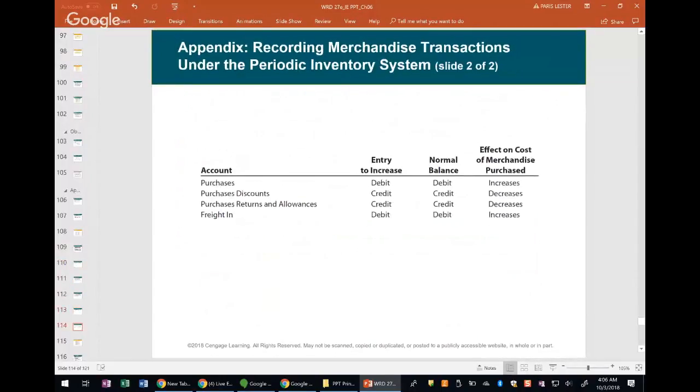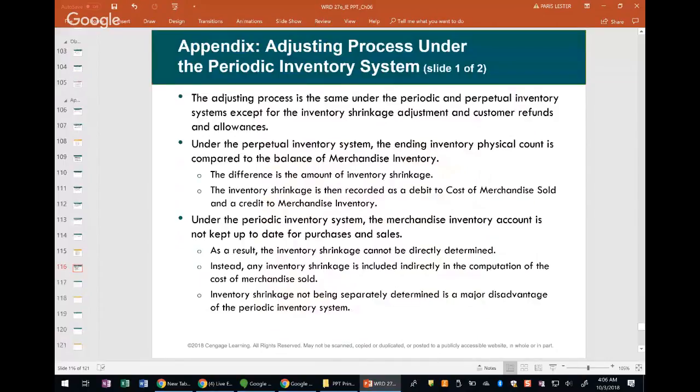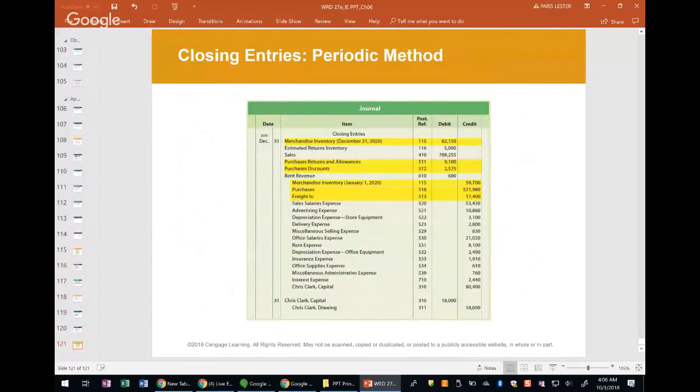Do read the appendix also. That's the periodic method. And look at the entries for the periodic method. And please look at the comparison of those two methods.